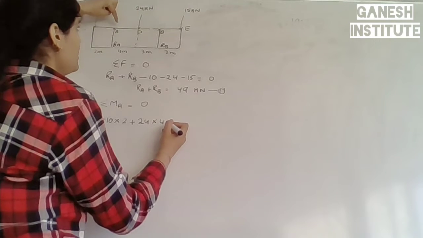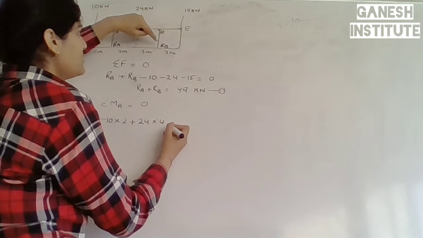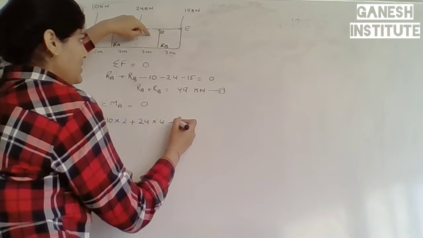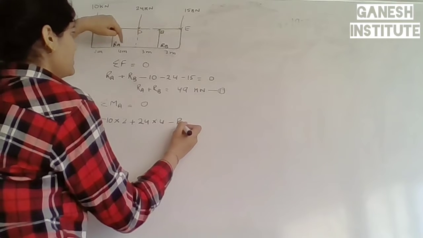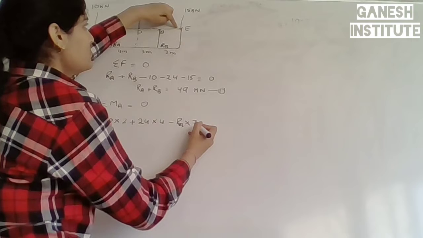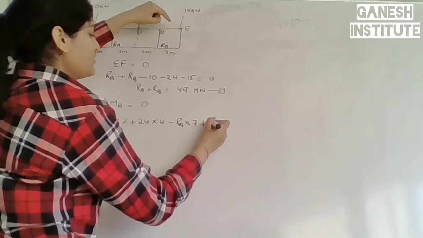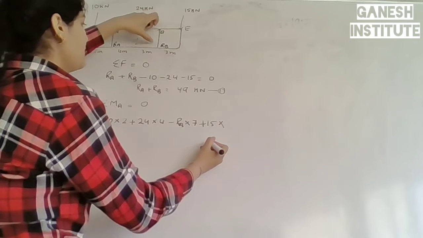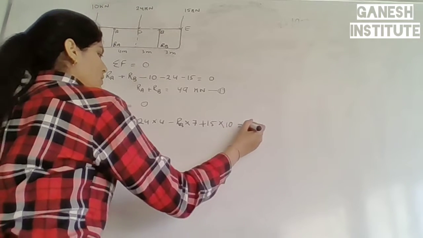Then B to A, this is anti-clockwise direction, so minus RB, and the distance is 4 and 3, 7. This E force is in clockwise direction, but the distance is 4, 3, 7, 3, 10, equals 0.